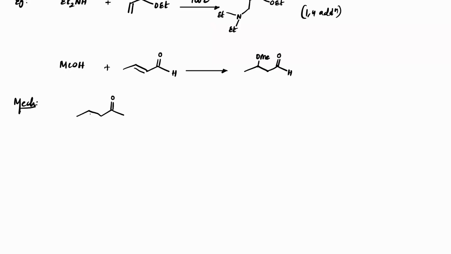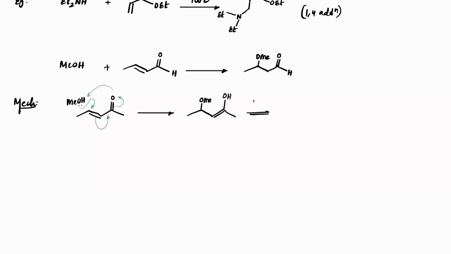See, the double bond is here. Methanol's lone pair will attack here. This bond will move and this O minus will come. This O minus will take the H plus away, and that's how you will get double bond, OMe and OH in this compound.